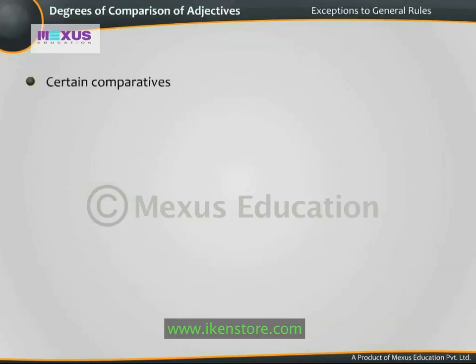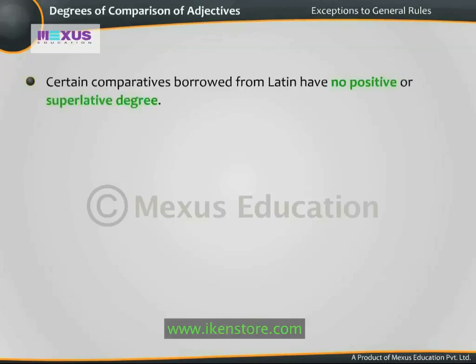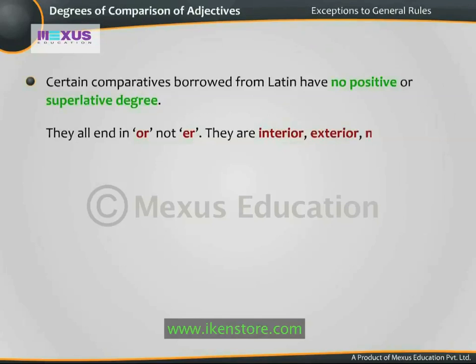Certain comparatives borrowed from Latin have no positive or superlative degree. They all end in OR, not ER. They are interior, exterior, major, minor, and ulterior. Consider these examples.